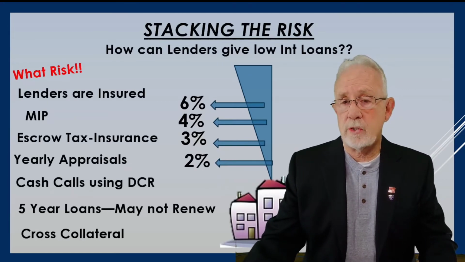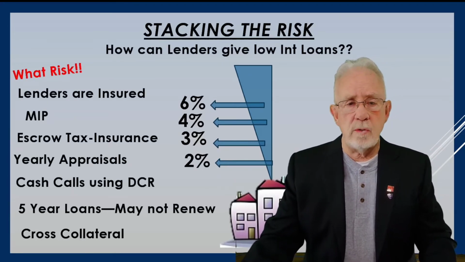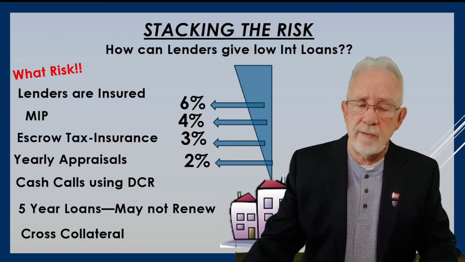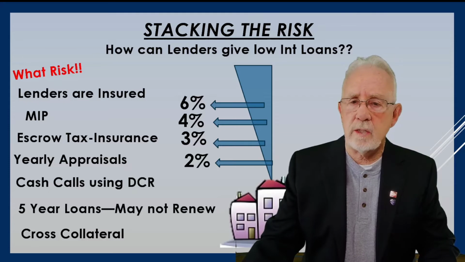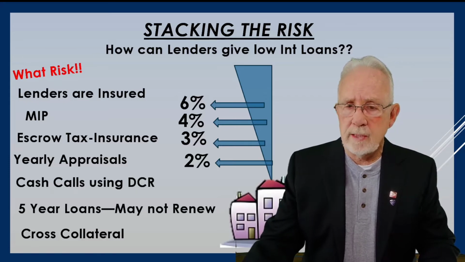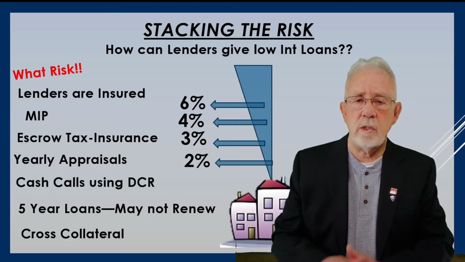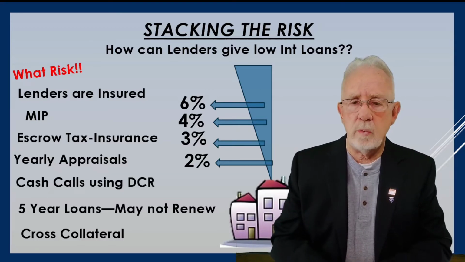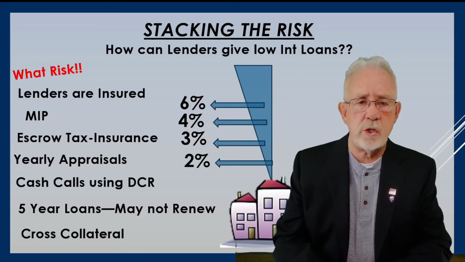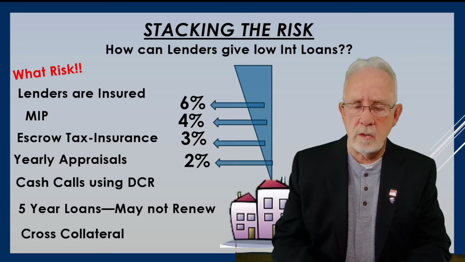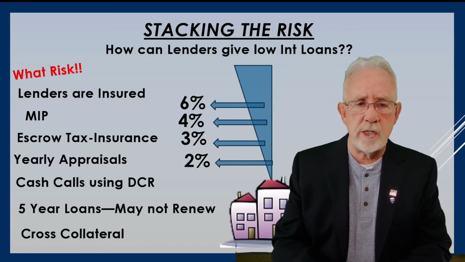They have mortgage insurance premium. They escrow for taxes and insurance. They have yearly appraisals. And they have cash calls using the debt coverage ratio. What that means is, if your debt coverage ratio is out of whack, in other words, if they went into a loan at a 1.15 debt coverage ratio, and rents go down or interest rates go up, they will call and look at your debt coverage ratio.